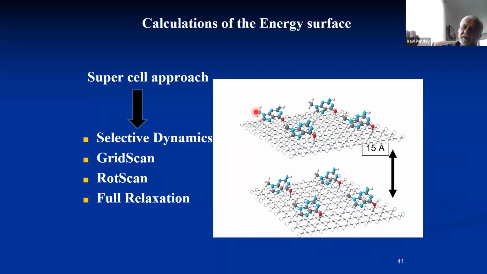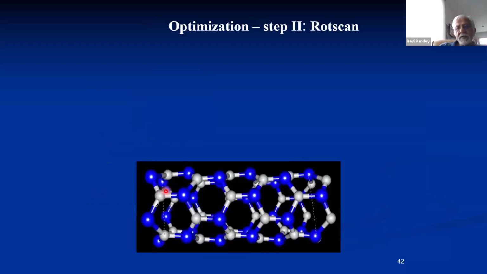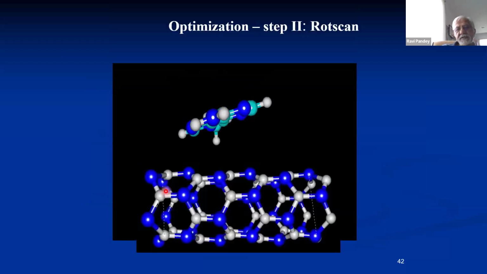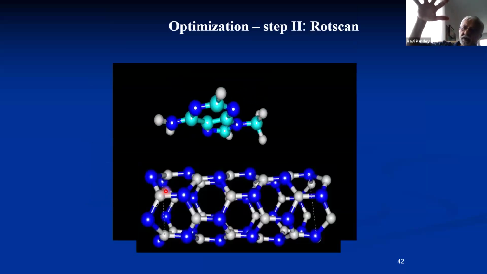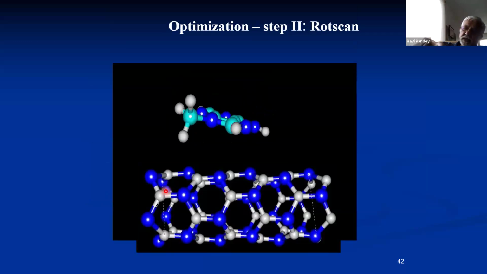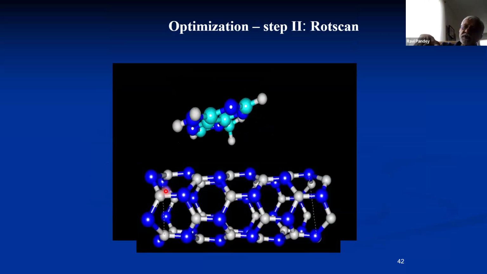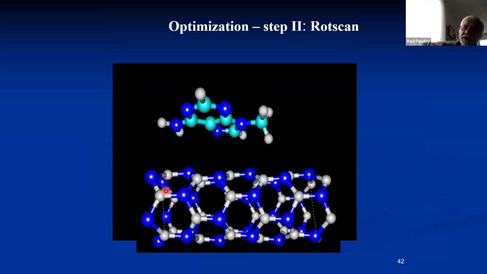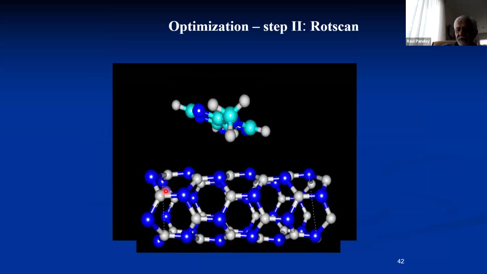And there are different ways, because this is a complex system, you go one by one to look at so-called selective dynamics, grid scan, root scan, or full relaxation. One of the examples is, you first optimize the z-axis distance, and then you rotate the molecule to look at the energy surface, which one provides a minimum energy, and then you do the full optimization.